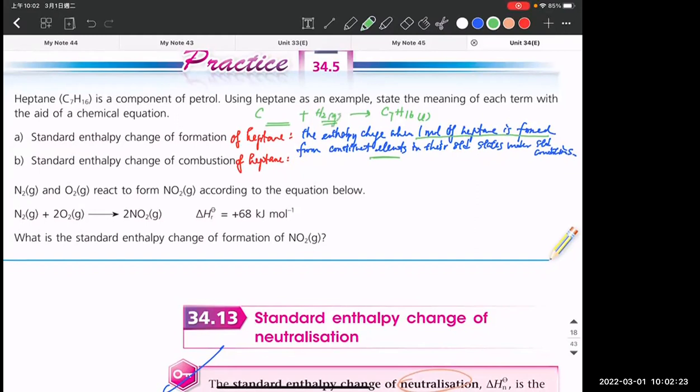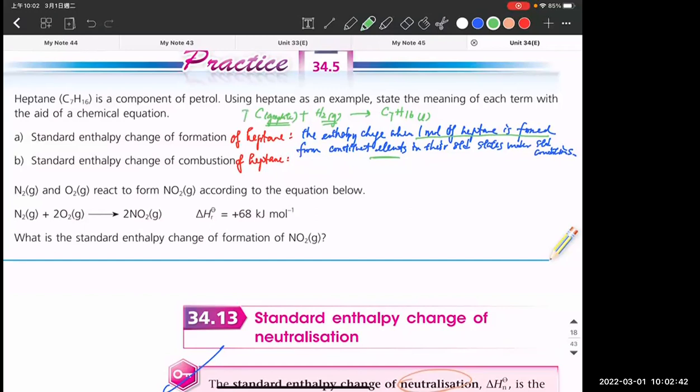How about carbon? What is the standard state? Graphite solid. Yes, it's a graphite solid. So you may write down solid graphite, or simply graphite. So what is missing? It's the balanced equation.